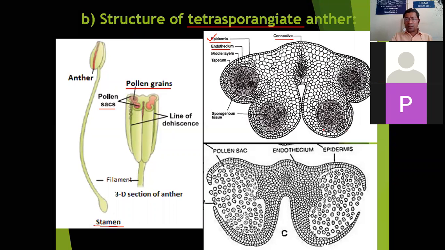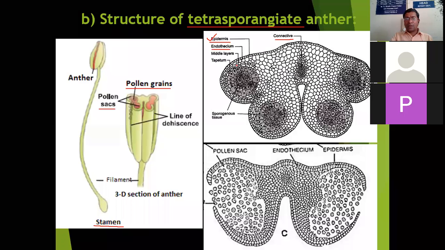So here you can see this layer after the epidermis, all these tissues belong to the endothecium. Here you can observe the 1 to 3 layers of the endothecium. The endothecium is followed by the middle layers.